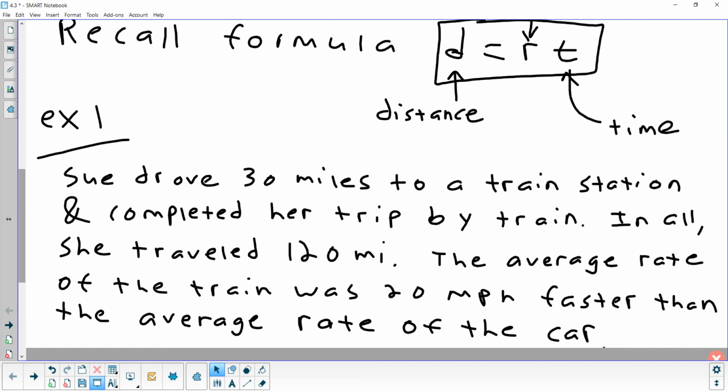We don't know the speed of either the train or the car, but we do know that the train was an average of 20 miles per hour faster than the car. That's all we know.